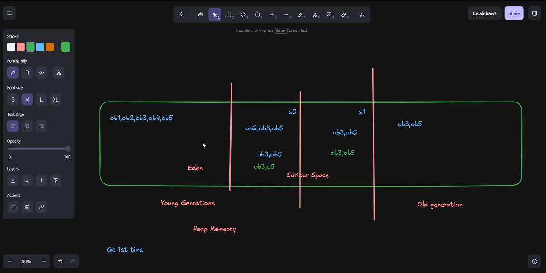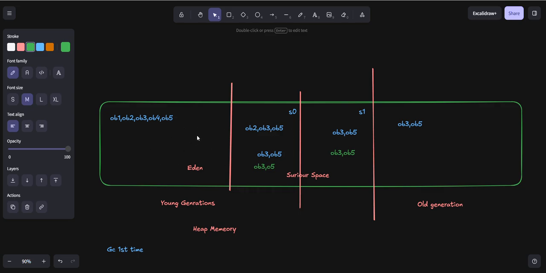The young generation is again divided into two types. One is Eden, this space we know as Eden, and these two we know as survivor space. The survivor space is also divided into two types, S0 and S1. So this is how heap memory looks.